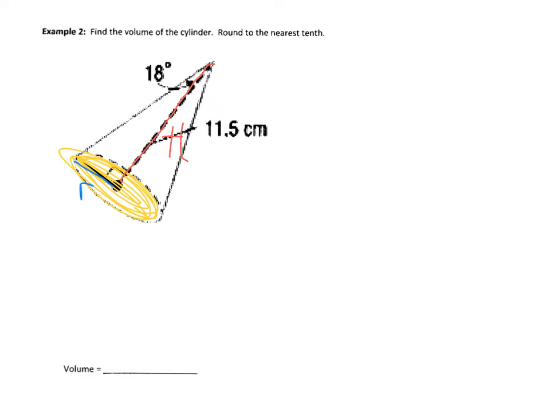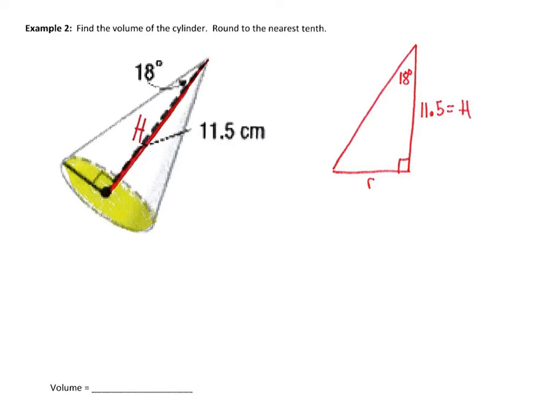So yes, we're going to use trigonometry, SOHCAHTOA. That is right. So let's redraw the red triangle off to the side and figure out what the radius is. Okay, so redrawing the picture, we're going to identify opposite the 18 is your O side, and then opposite the right angle is H, and A, the adjacent, is the other side.